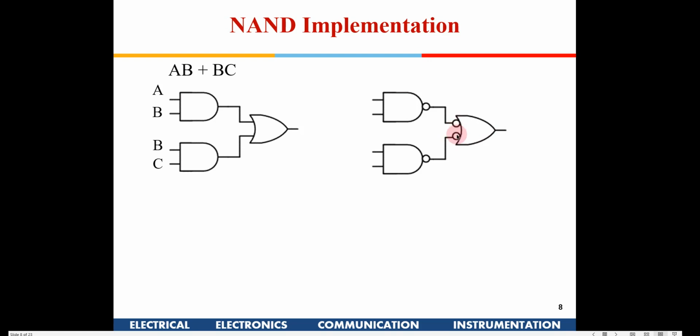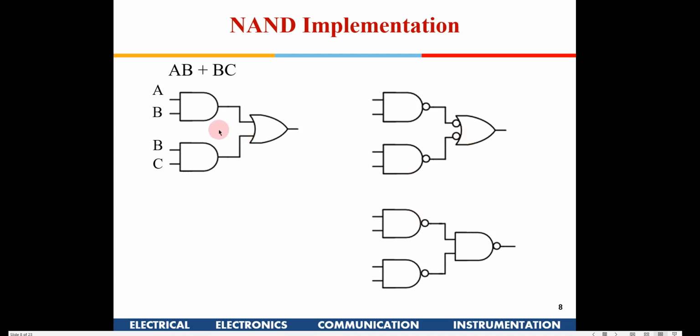So if you see here, I am inverting the inputs. If I put a bubble out here and one more bubble out here, then this can be replaced by an AND gate. But since I am not putting a bubble at the output, this will become a NAND gate. So if I keep it very simple, if I have an OR gate and I just invert the inputs, it will become a NAND gate. You can just verify that using the truth table also.